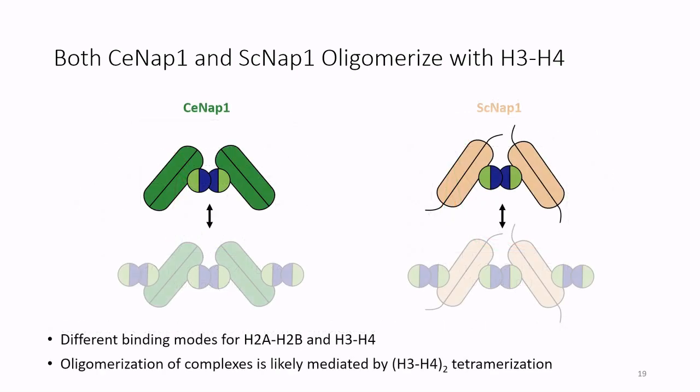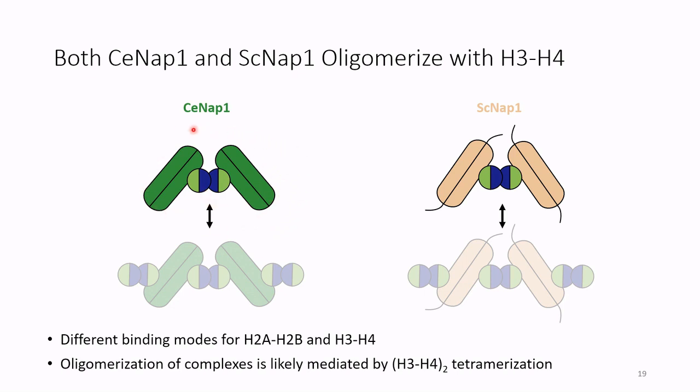It is difficult to visualize a 4-to-2 or a 4-to-6 Nap1 histone complex, and that is why I have made a simple schematic to illustrate this. Here in green we see 4 worm Nap1s, 1, 2, 3, 4, bound to 2 H3H4s, 1, 2, which is a 4-to-2 complex.